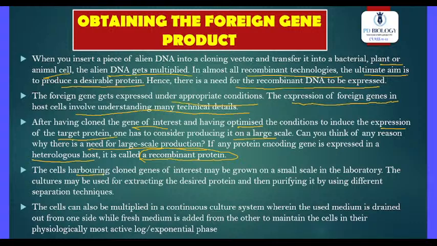The cells harboring the cloned gene of interest may be grown on a small scale in the laboratory. This culture may be used for extracting the desired protein and then purifying it using different separation techniques.